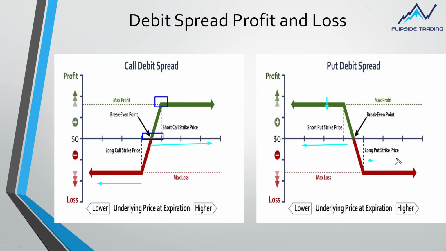If the stock goes the other way and increases in price, we start losing money, but overall risk is defined by the overall debit. Very simple. Hopefully that gives you another view of what we're looking at. Now let's look at another type of vertical spread.